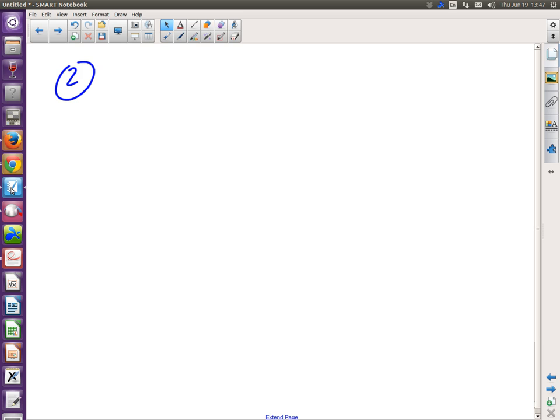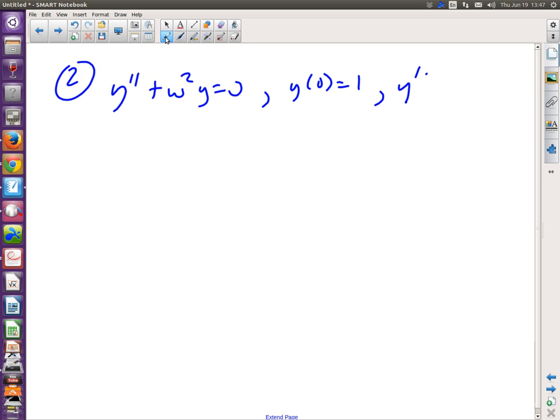So now our general solution is, well, this is what we're solving: y double prime plus omega squared y equals 0, with the initial conditions that y of 0 is 1 and y prime of 0 is negative 6.